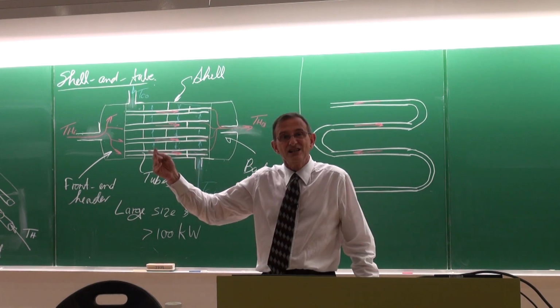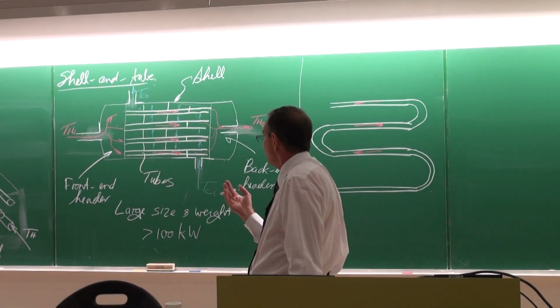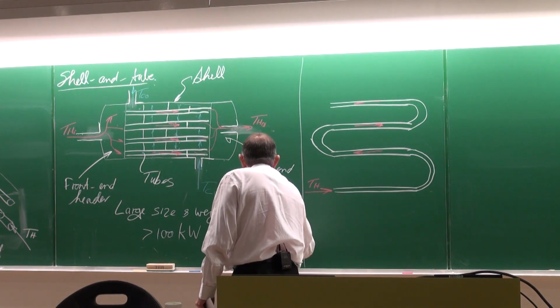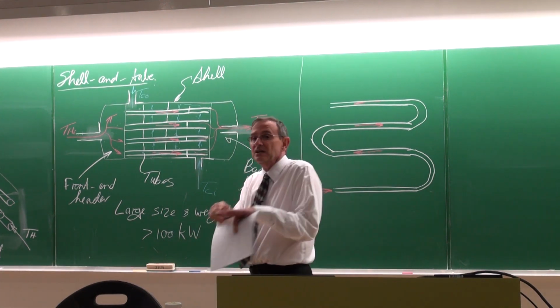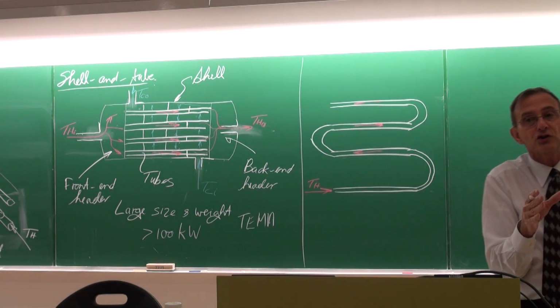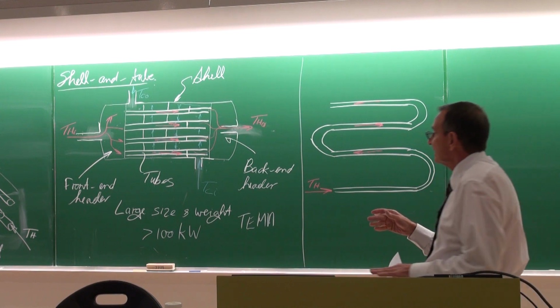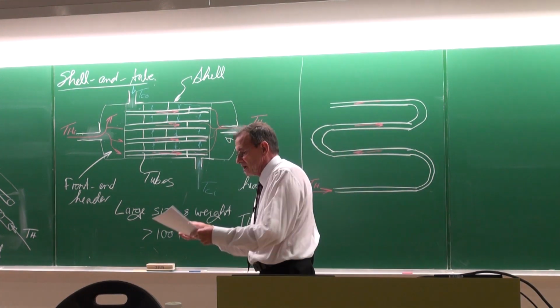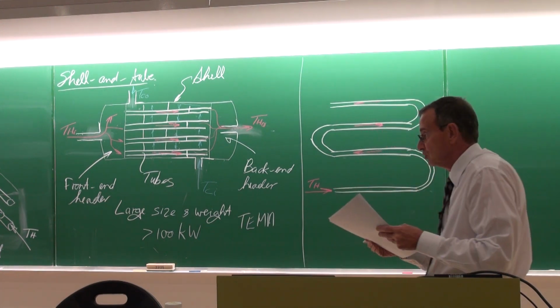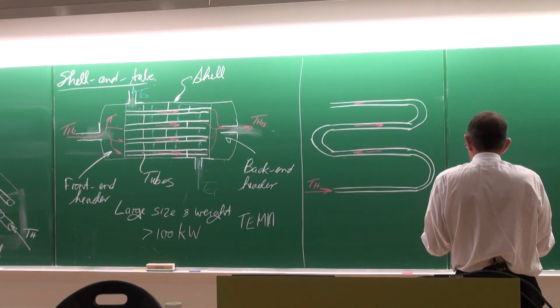So there are industry standards which are typically called the TEMA standard, and the TEMA standard would typically prescribe that the minimum tube distance should be 1.5 times the diameter of the tube. That is to ensure that cleaning can be done between the tubes, and in terms of cleaning and or fouling, we're going to get to that a little bit later on in this lecture.